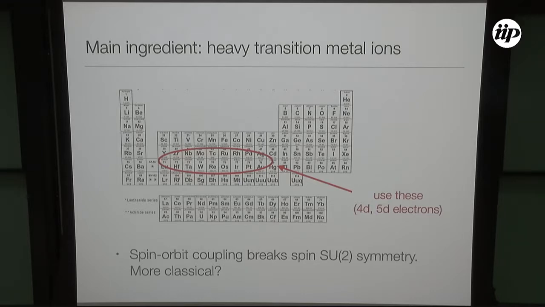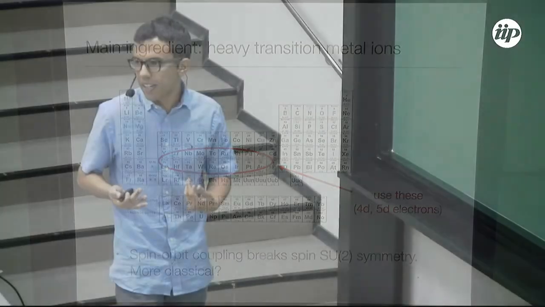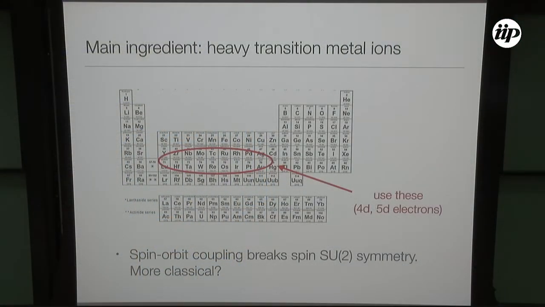So if you break spin SU(2) symmetry, shouldn't we get something that is more classical, like Ising-type interactions? So how can you get quantum spin liquids from this kind of system where SU(2) symmetry is broken?